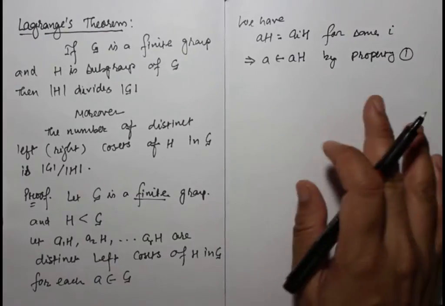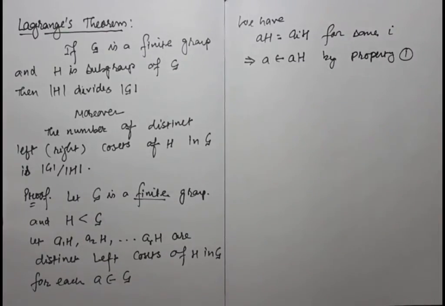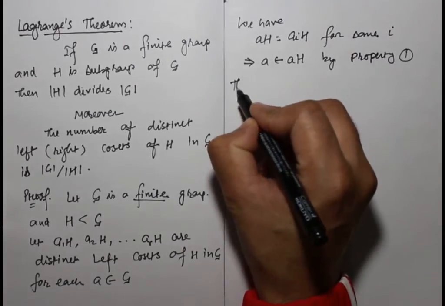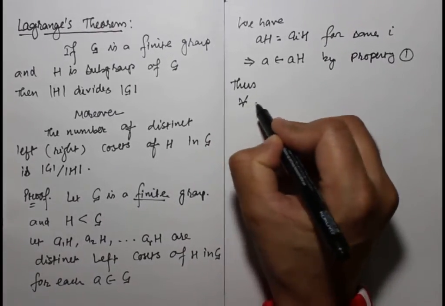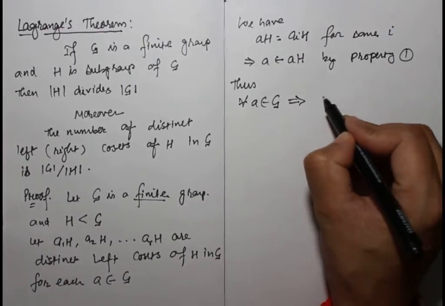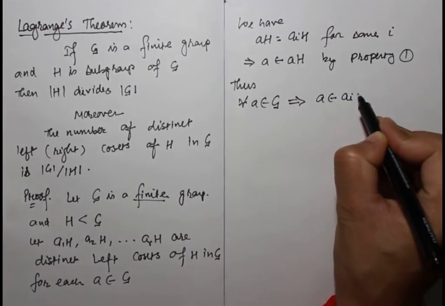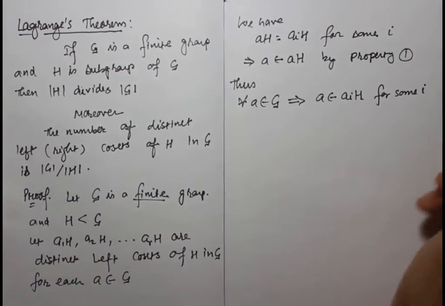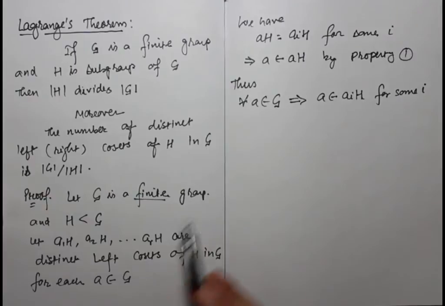The last property we have proved, the property for cosets. Thus, for all A belongs to G, it implies A belongs to AIH for some I, because here AH equals AIH.